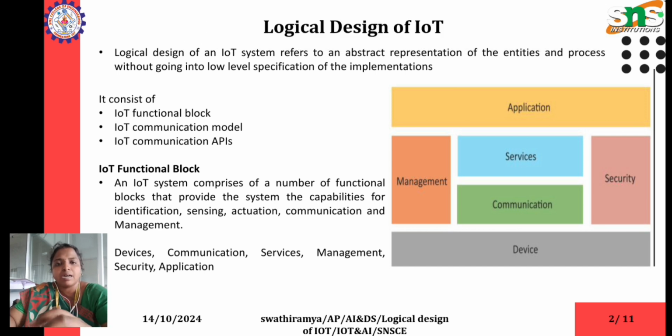That is, it will give you only the abstract representation of entities and the process. We will not go into the lower-level implementation things. It has been divided into three blocks: IoT functional block, IoT communication model, IoT communication APIs.